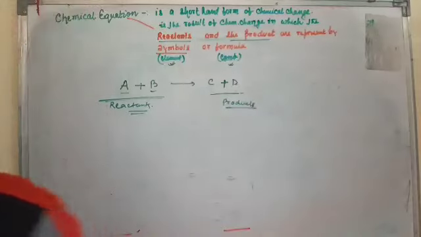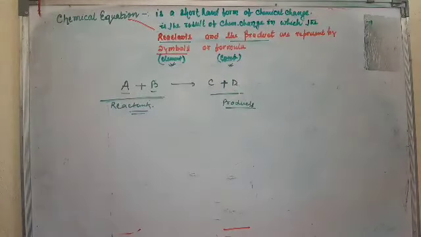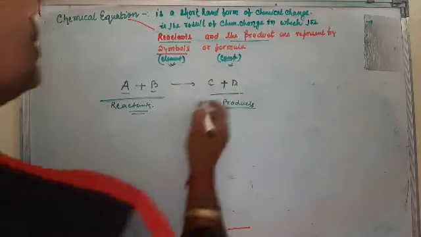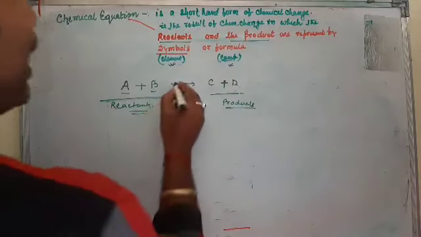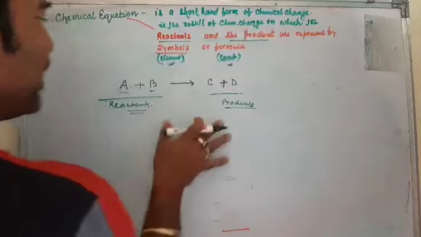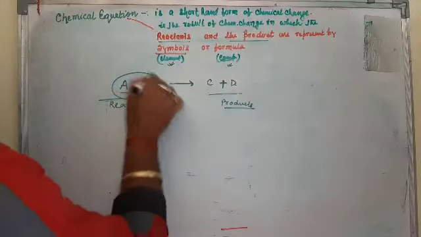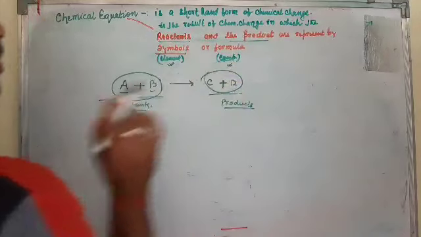When two reactants A and B react, two types of product, C and D, form. And the arrow gives the direction: A and B are the reactants and C and D are the products.